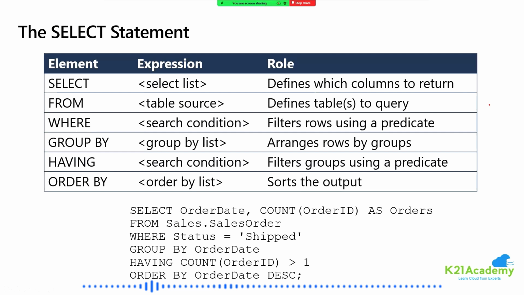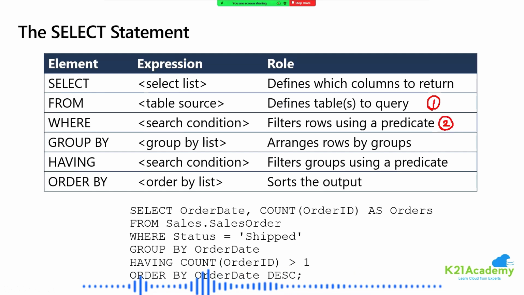Whenever this query is executed, it always starts with from. That is the first statement. Why? Because from gives you the source from where you are going to read the data. So the first thing it executes is your from, where it is going to read the data. Then it will go to the where clause.